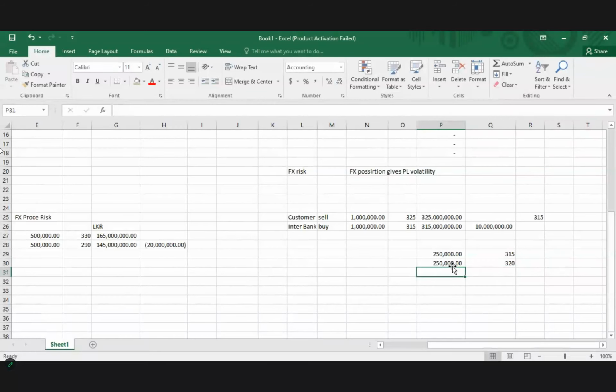It became so. Another 250,000 at 325. Easy. And final 250,000 at 330. What would have happened to my $1 million now? What is my cost? The average of this, right?